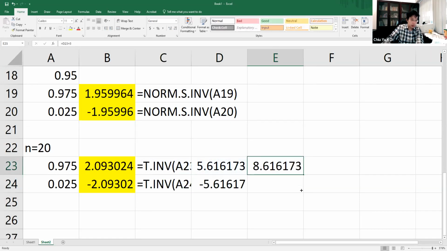So it should be 8.6 to negative 2.6. I hope you can correct this typo on your own side.